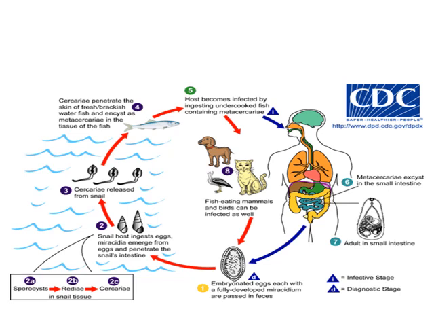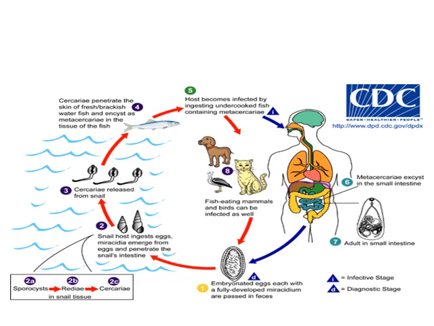The adult worm can give what? It can give embryonated eggs, with fully developed miracidium, that are passed in feces from humans and from fish-eating mammals and birds.